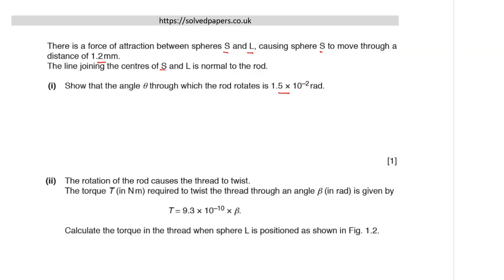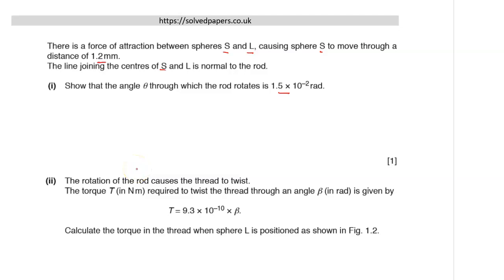So if it is normal, then we know that the angle in radians is equal to the length of the arc over the radius. So that is the radius of the circle.